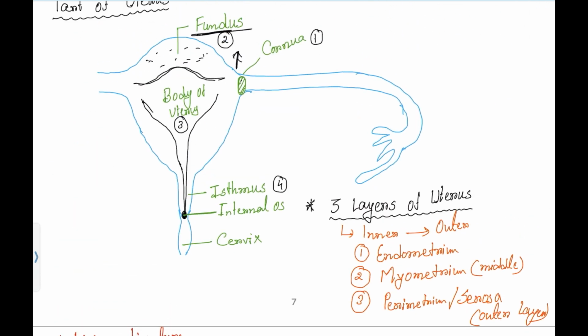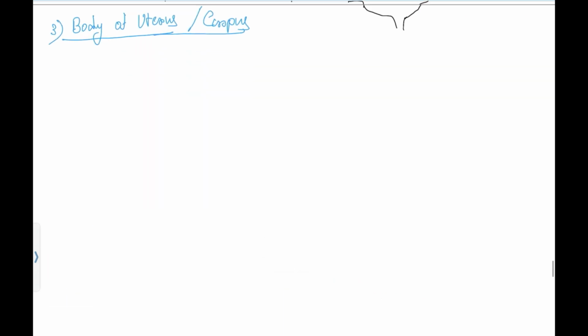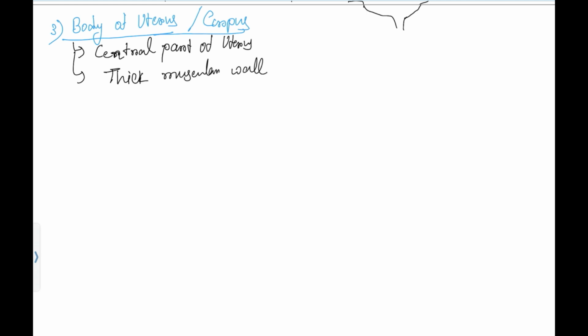This is the main part, the major portion of the uterus. The body is the central part of the uterus, and it has a thick muscular wall, and it is lined by endometrium.